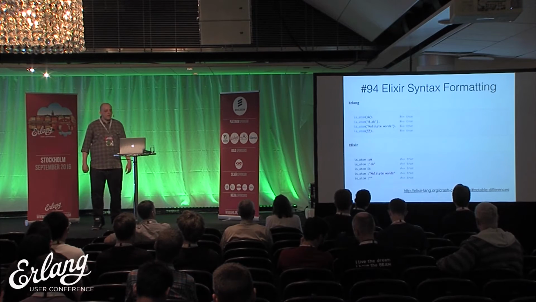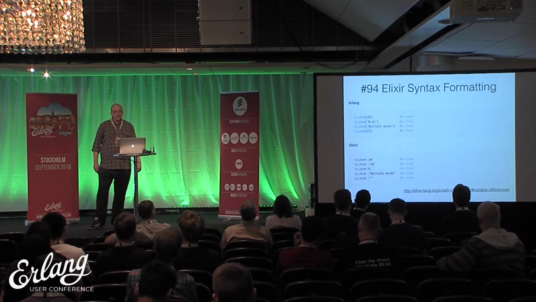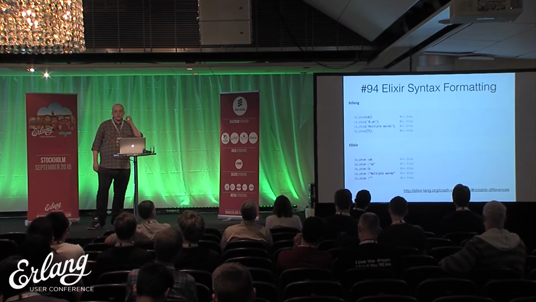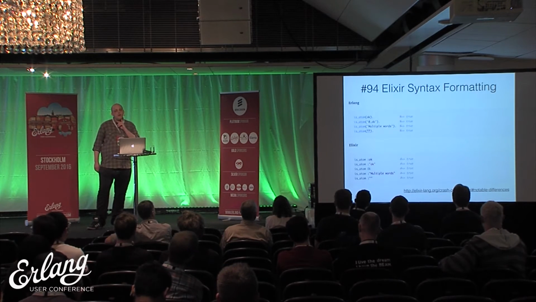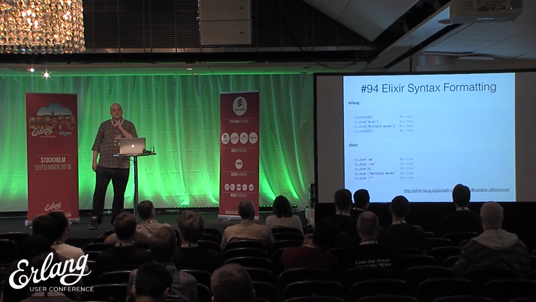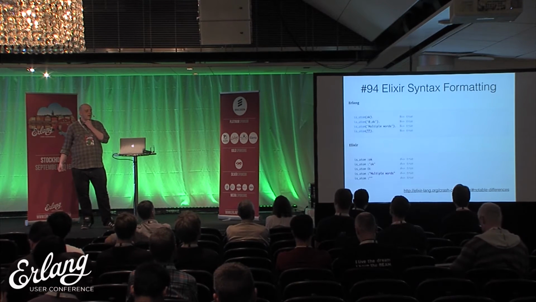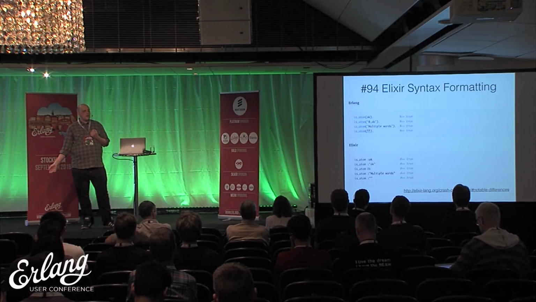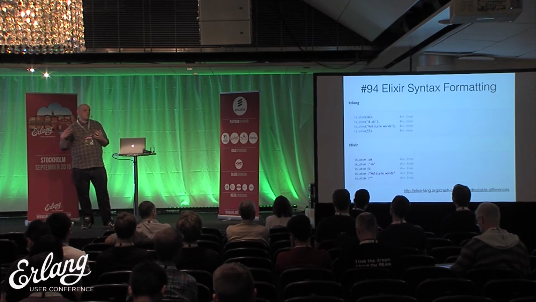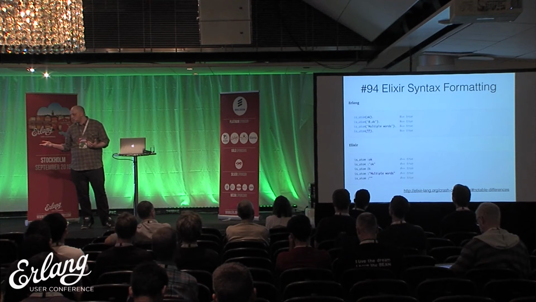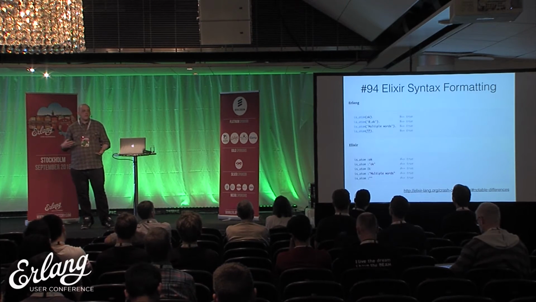If you do want to get involved in the code, this is a great issue. Number 94 in GitHub, Elixir syntax formatting. At the moment, we support syntax formatting for Erlang and LFE. If you choose those in the preferences, the syntax formatting shown in the tree that we saw earlier will come out in that format.